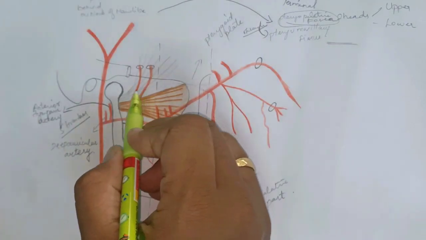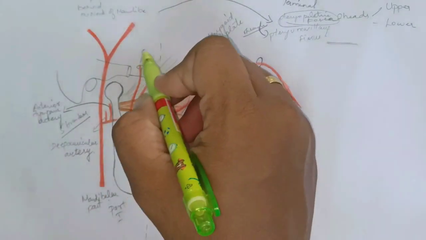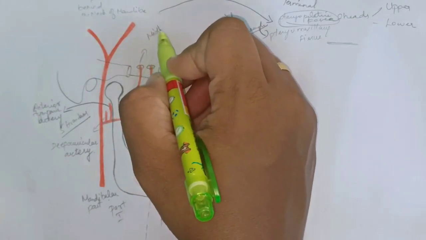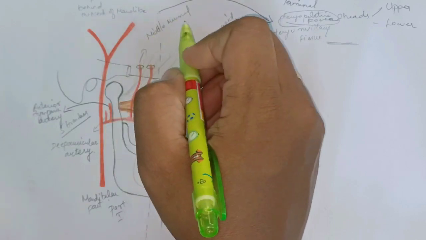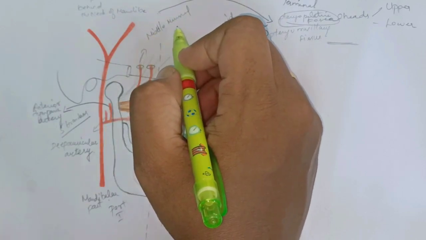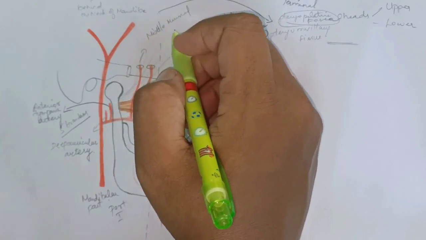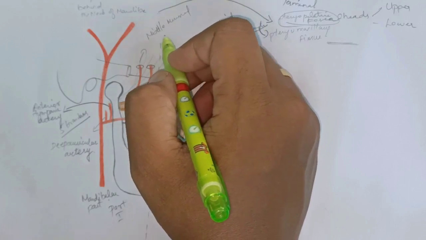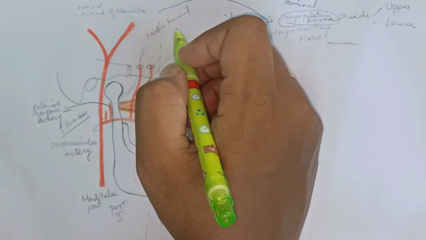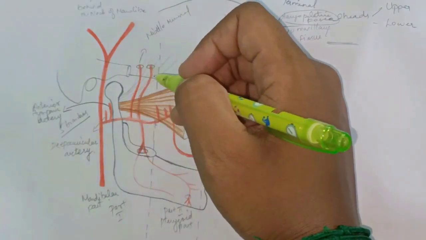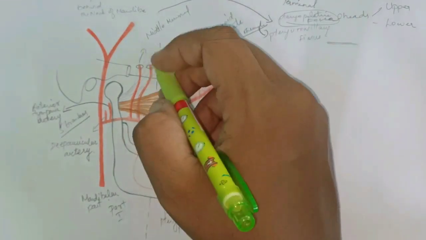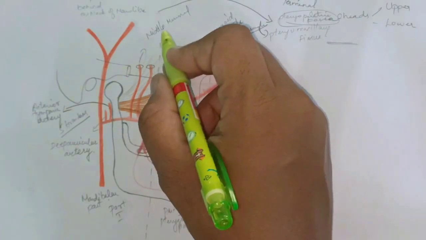Keep reminding yourself that the ear region contains the tympanic membrane and tympanic cavity, right? So remember it like this. Your third branch is your middle meningeal artery. This middle meningeal artery itself can be asked as a viva question and a 5 mark question also, because it has a clear distribution. So I'll take it in the next class.